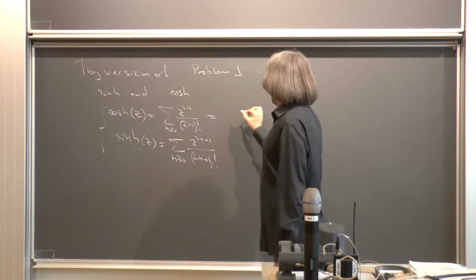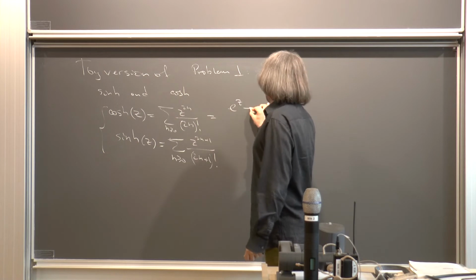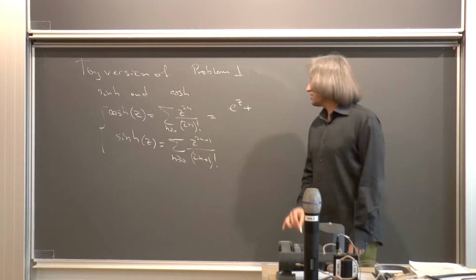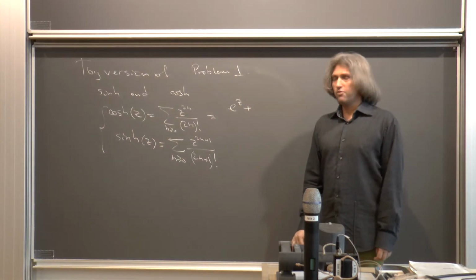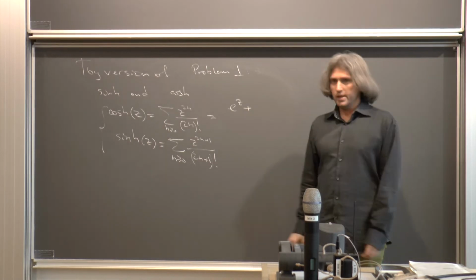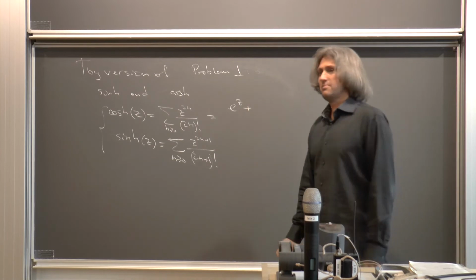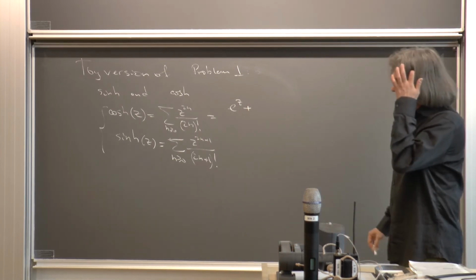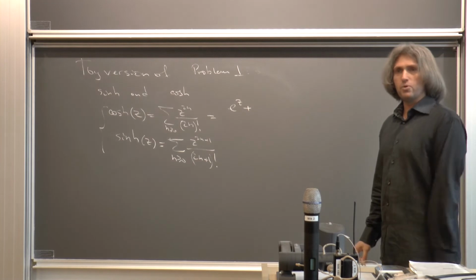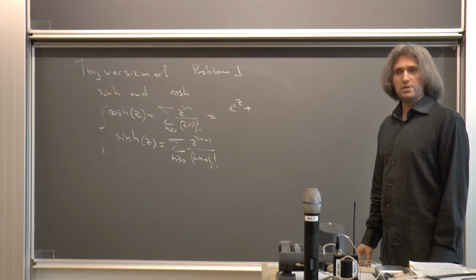This is, as we know, e to the z plus, and I'll write it suggestively in the form which will be a hint. This is probably not very fair, but it's recorded, so it's fair to those who are not here.